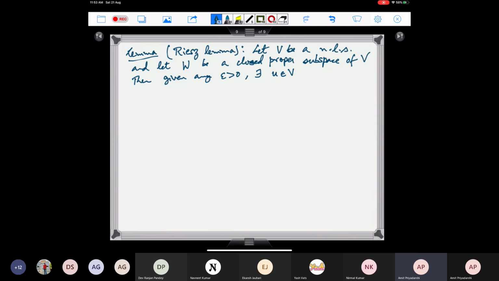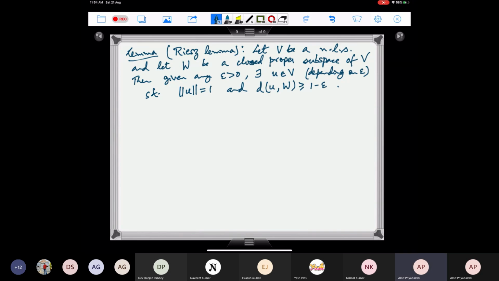So given epsilon, you get a vector u, depending on epsilon, such that u is a unit vector, so norm u is equal to 1, and the distance between u and W is greater than or equal to 1 minus epsilon.